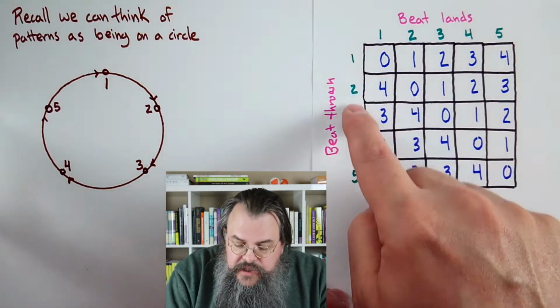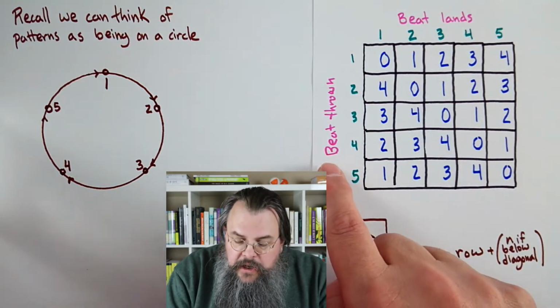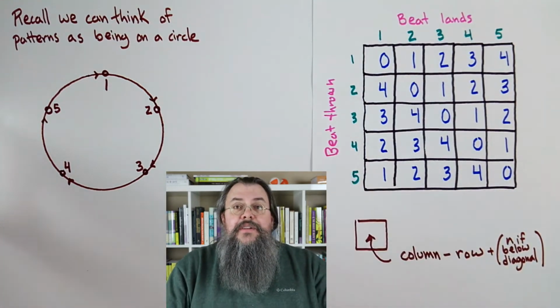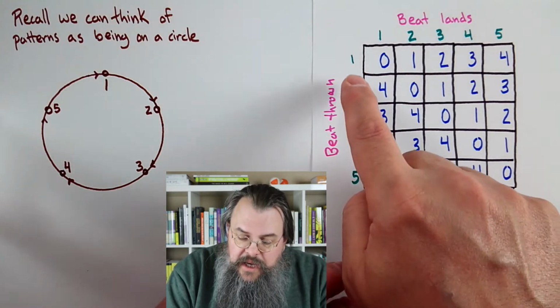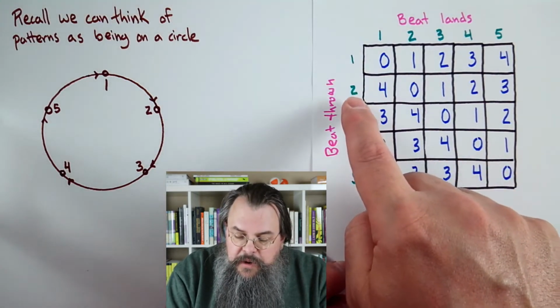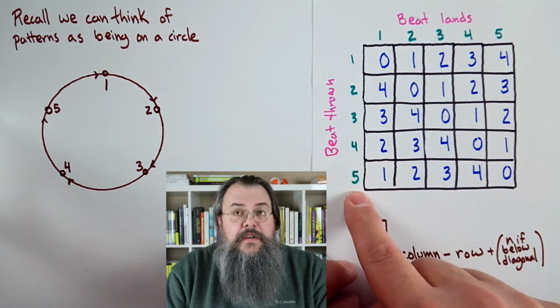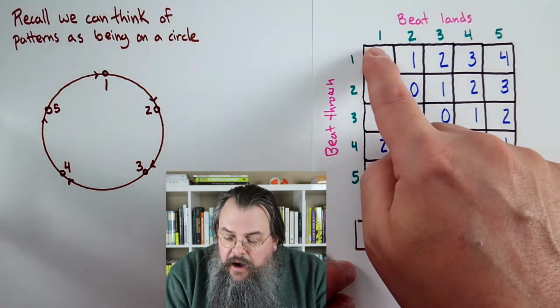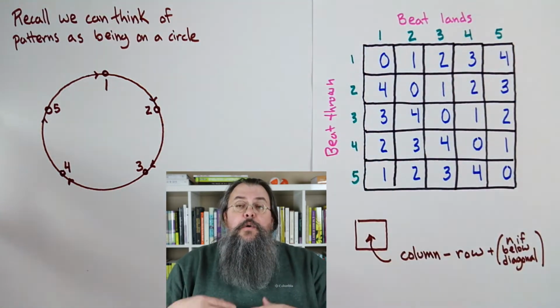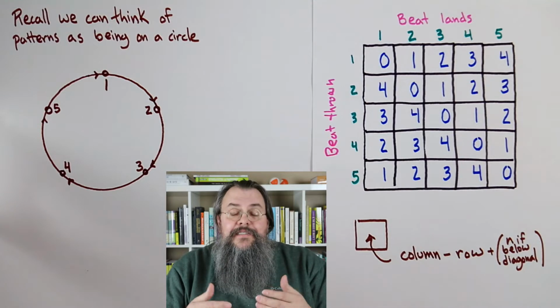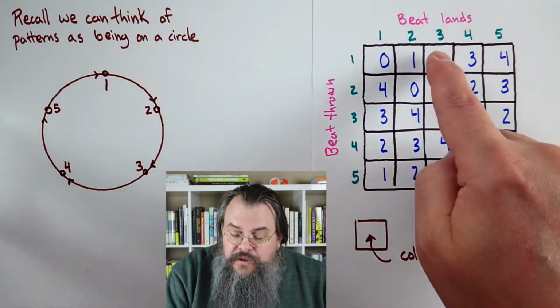The rows are going to talk about when do we throw the ball. So for example, this will be at the first beat. This will be the ball we throw at the second beat, the third beat, the fourth beat, the fifth beat. The columns are going to represent when the ball lands. Does it land at beat 1, 2, 3, 4, or 5?